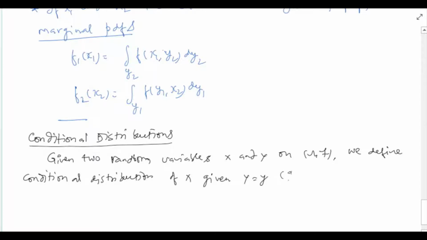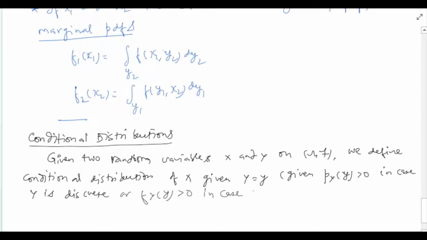This is defined only if the probability mass function of Y evaluated at y is strictly positive in case Y is discrete, or the probability density function of Y evaluated at small y is strictly positive in case Y is continuous.